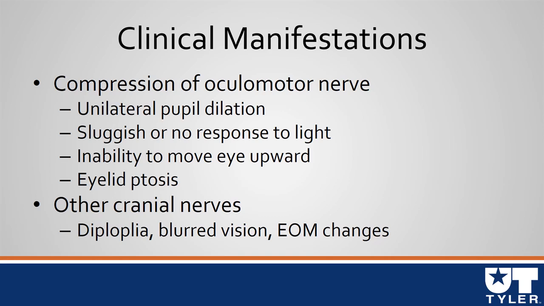Central herniation may initially manifest as sluggish but equal pupil response. Uncal herniation may cause a dilated unilateral pupil. Papilledema, which is an edematous optic disc seen on retinal examination, is also noted and is a nonspecific sign associated with persistent increases in ICP.